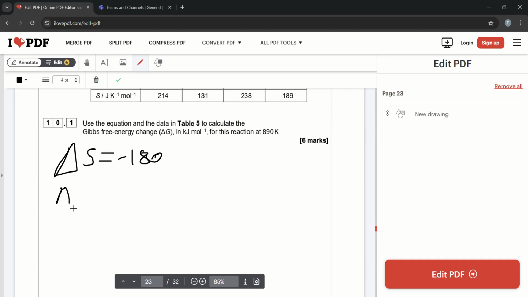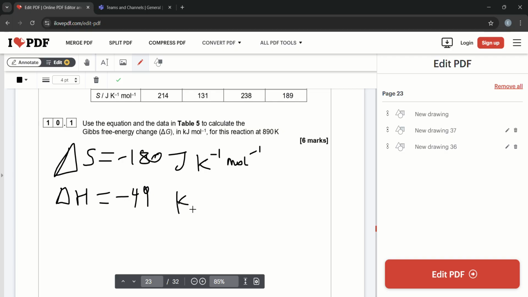And delta H we got was what? Minus 49. So entropy change is in joules K to the power minus 1 mole to the power minus 1, and delta H is going to be kilojoules per mole to the power minus 1.